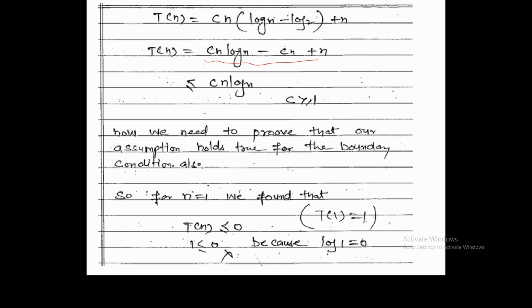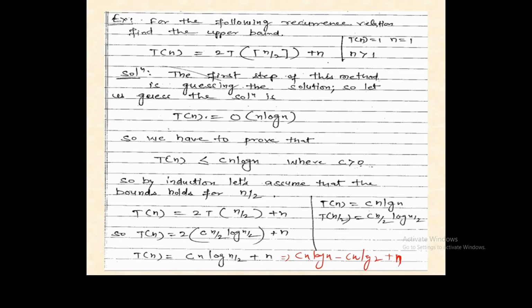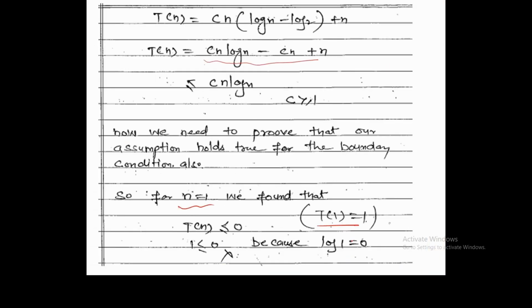Now we need to prove that our assumption holds true for the boundary conditions also. You can see that for n equal 1, T(1) equals 1, as given in the question initially. But c n log n for n equal 1 will be 0, and this will be 1.